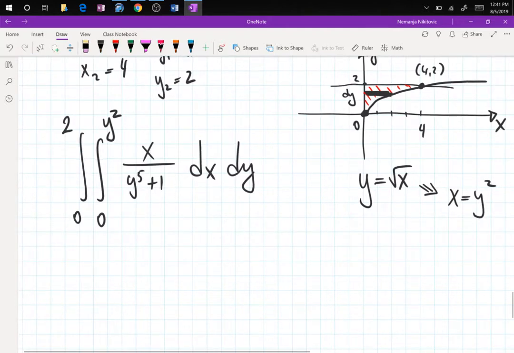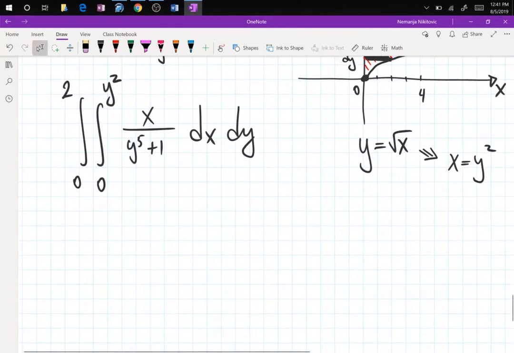You dealt with this flipping of the functions many times in Calc 2 to deal with the dy integrals, right? So you know how to change this. And now we just integrate. I'm integrating the inner integral with respect to x.